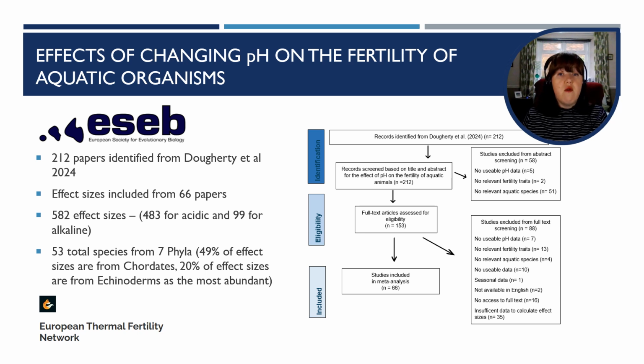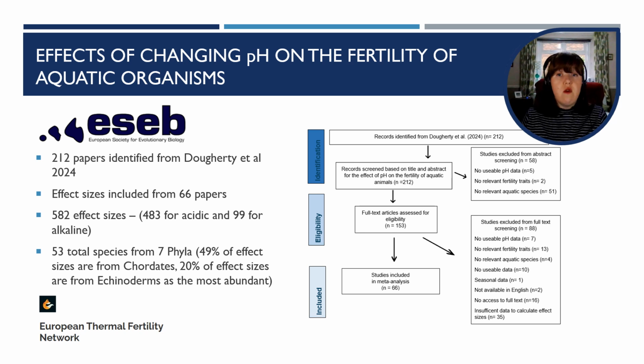We extracted data on a range of fertility traits, from gamete traits such as gamete size, quantity, and quality, gonad traits like testes length and ovary diameter, and reproductive outputs including clutch size, hatchling number, and fertilization success. The data encompasses 53 species, represents 7 phyla, demonstrating substantial taxonomic diversity.